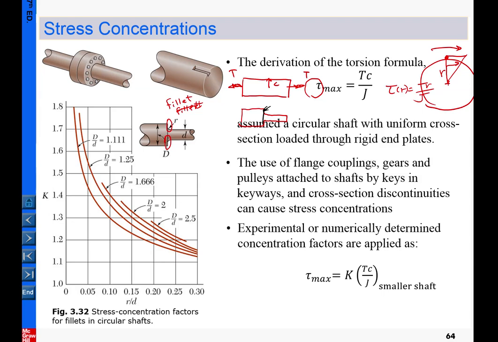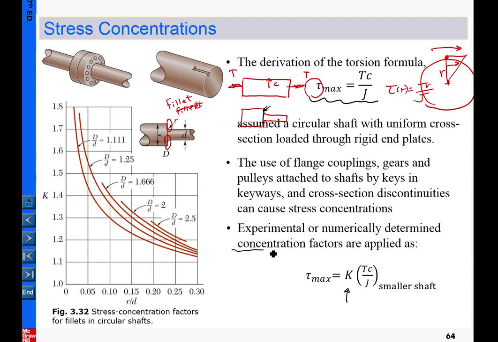So to come up with a correction based upon this formula to predict the concentrated stress, similar to our previous section, we multiply with a factor K, called the stress concentration factor.